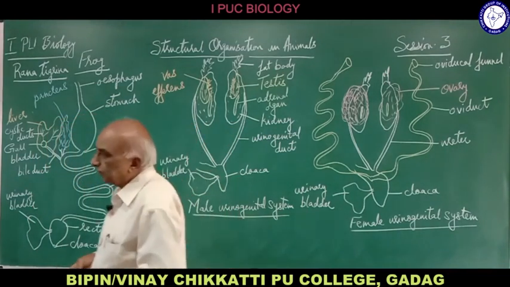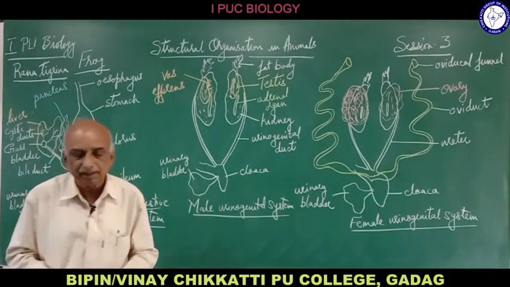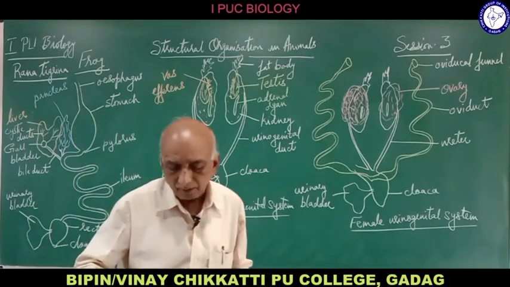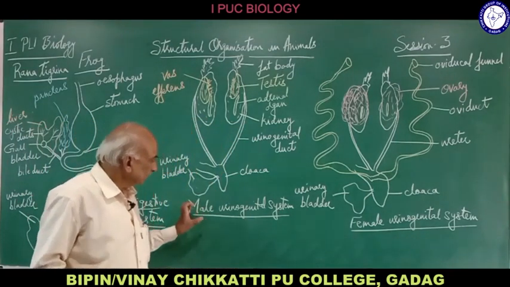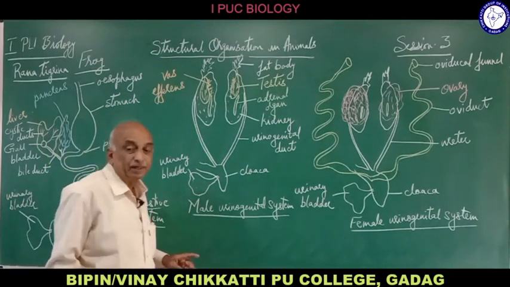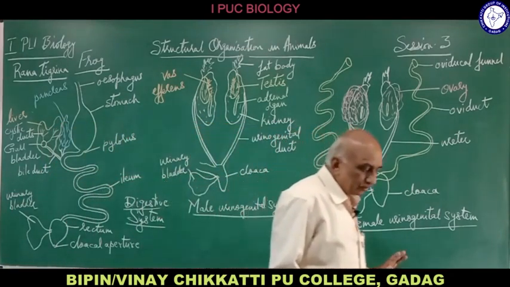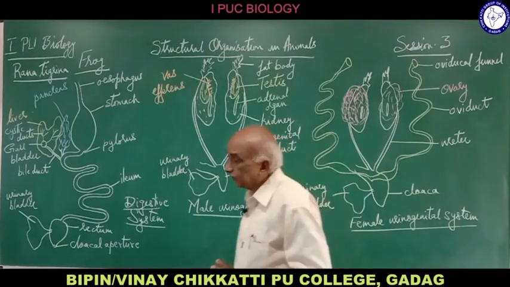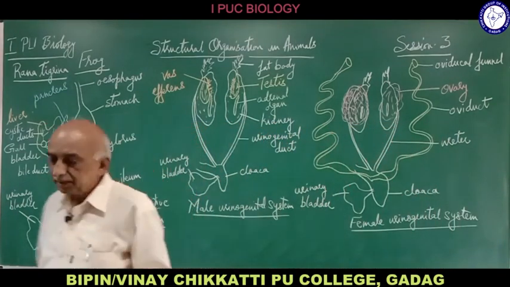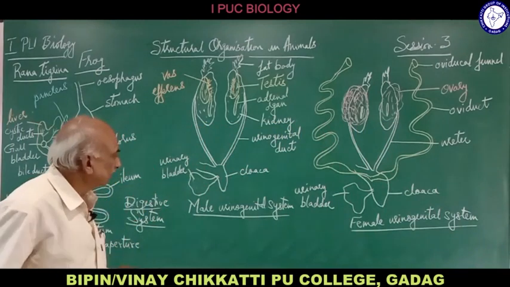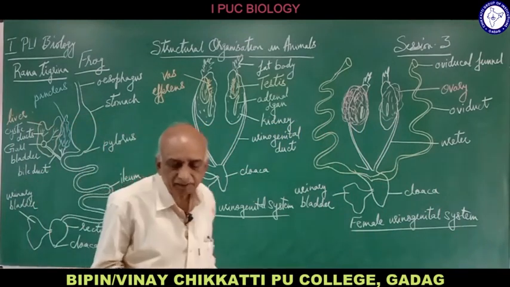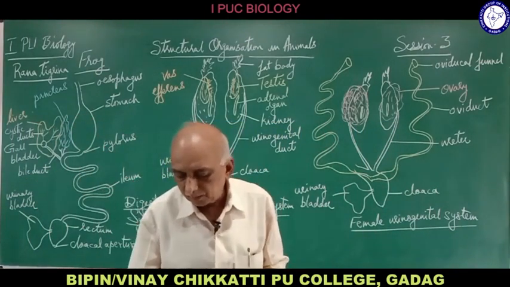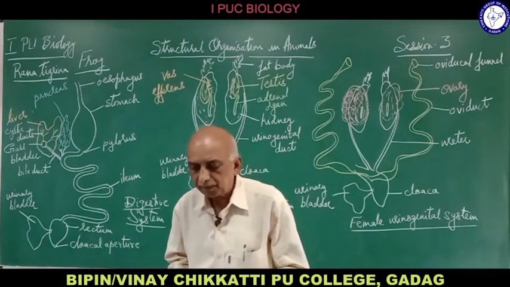Then briefly about the heart or the circulatory system, or before that some organs of the respiratory system. Though we are not studying the diagrams of the respiratory system and even the circulatory system, just to mention about the respiratory system, respiration takes place by skin and also by water.